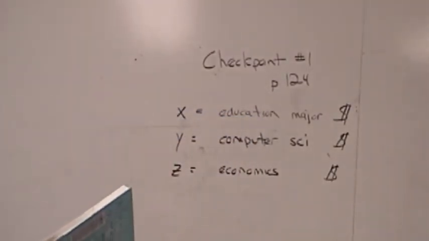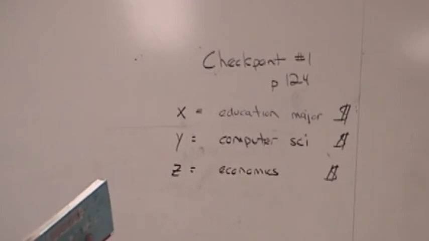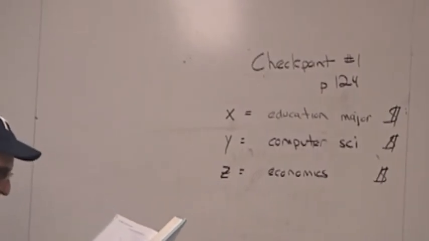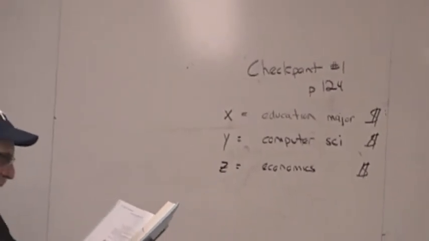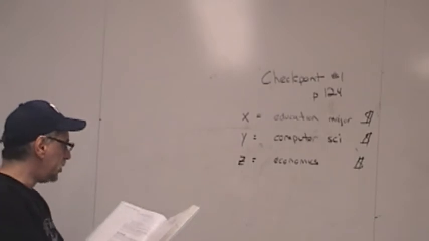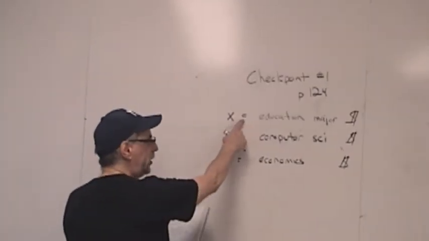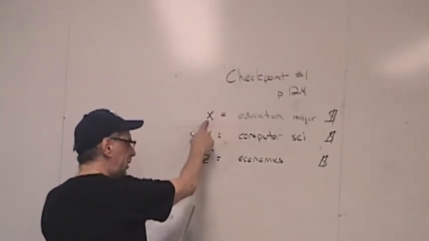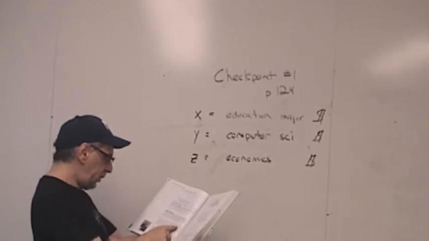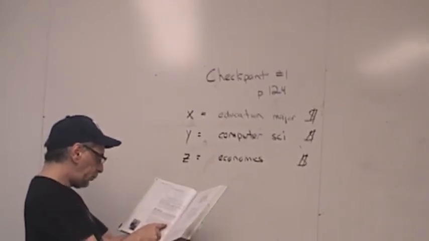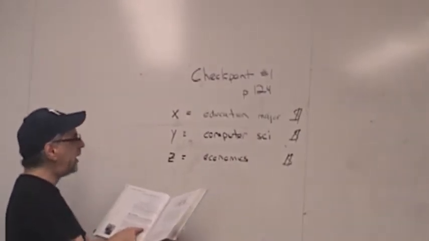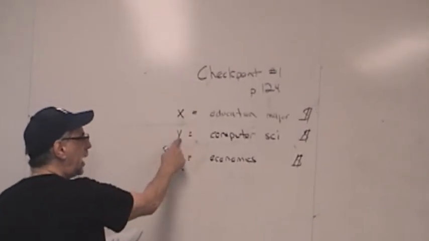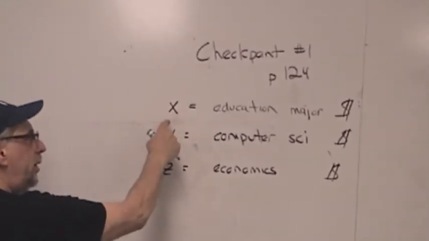Now we're given some information. It says the median starting salary of a computer science major exceeds that of an education major by $21,000. So this is the education major, that's X, and now we're told that the computer science is $21,000 more. This, Y, is $21,000 more than this.